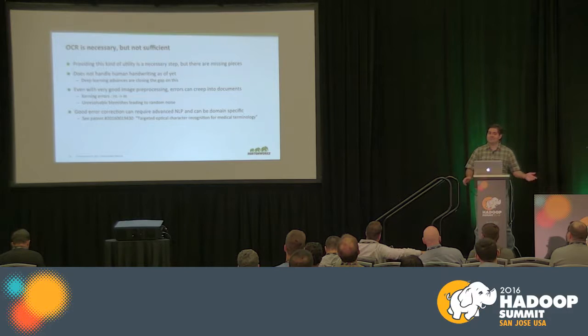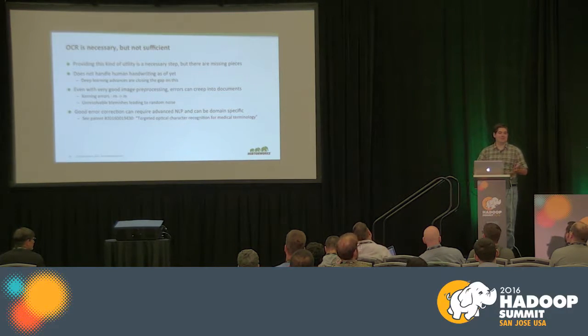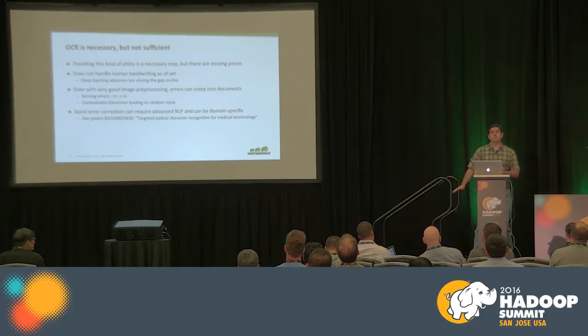Atherosclerosis is a much longer word than Bob. Bob is hard, atherosclerosis is pretty easy because there's a lot more information there. So the longer the word, the easier it is to correct. Most of these things end up being a domain-specific type of correction in general, but you can get pretty far, especially with documents that are over the internet.